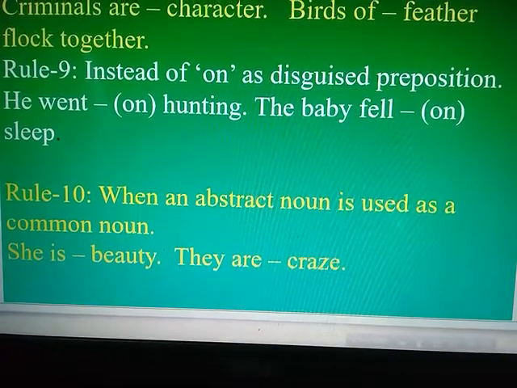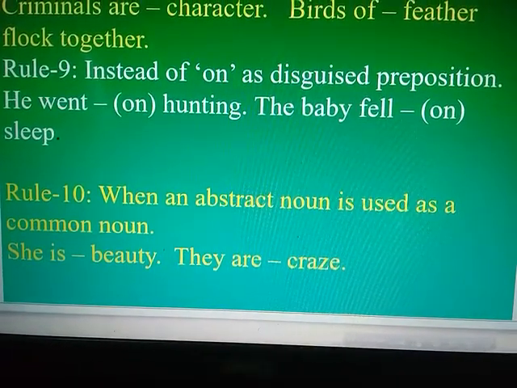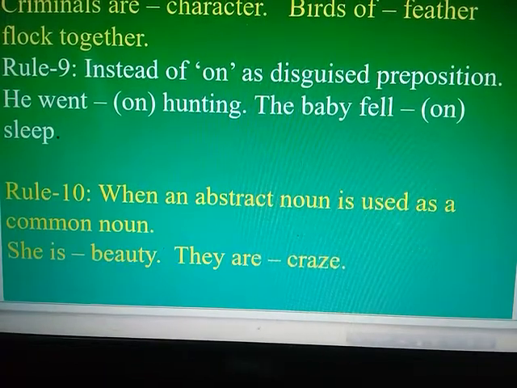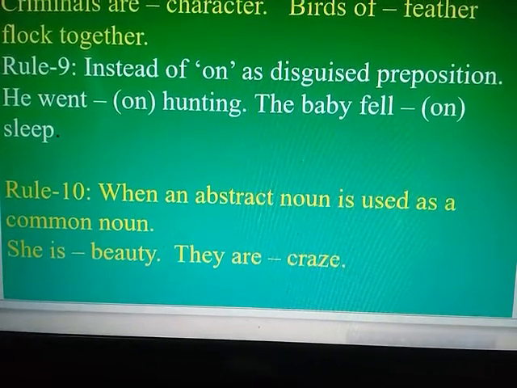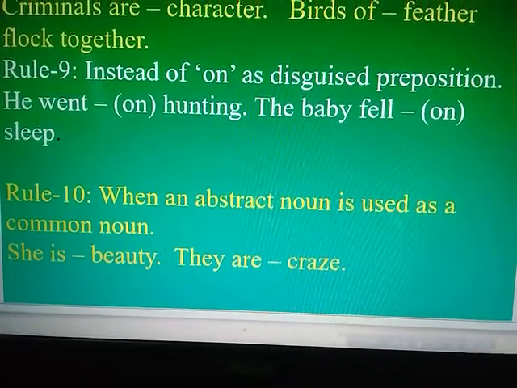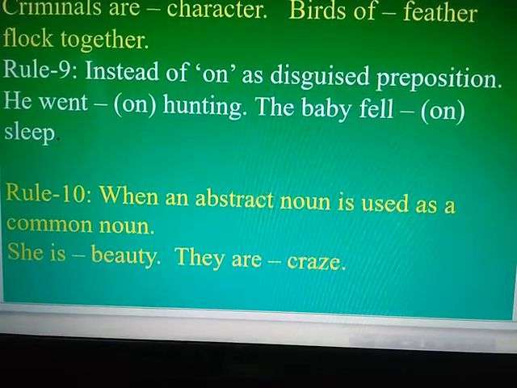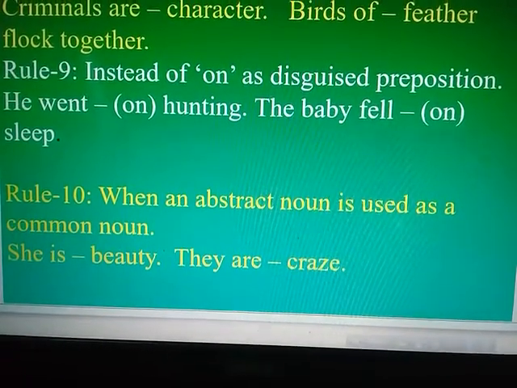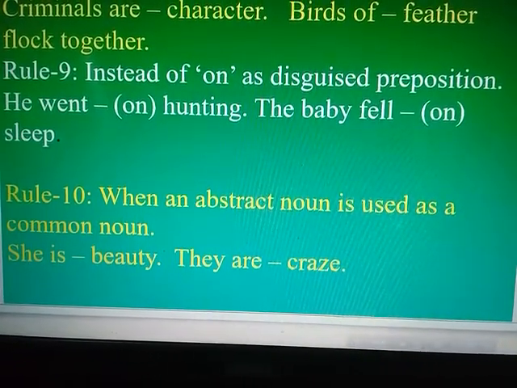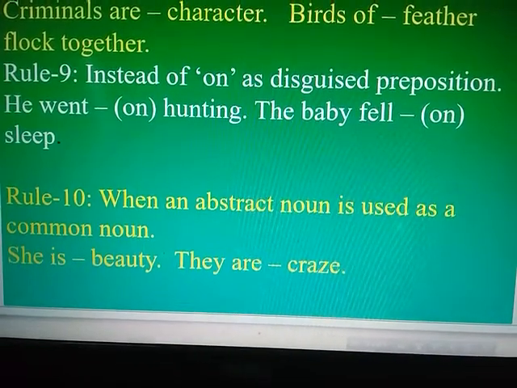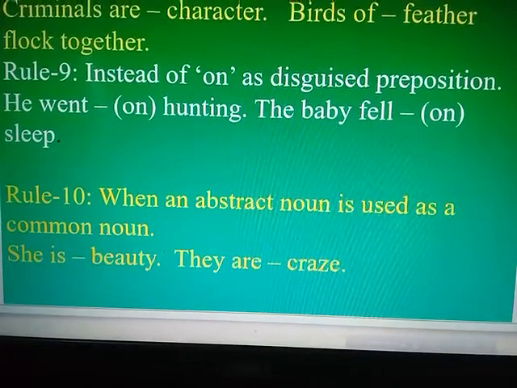Beauty is an abstract noun, but here it is a common quality of a girl, so it is a common noun here. So, she is a beauty. Shah Rukh Khan is a craze. Craze is an abstract noun, but we have to use a before it because it has become a common noun in this sentence.